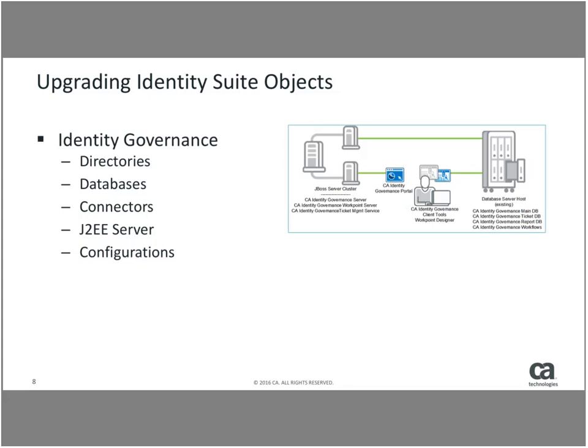Databases, of course, need to be migrated from the older platform to the newer platform. You do have the ability to use the dynamic connectors through the IAM-CS, the connector server, and you connecting directly to endpoints for read-only purposes. But of course, all of the updates need to be done through the Identity Manager integration.